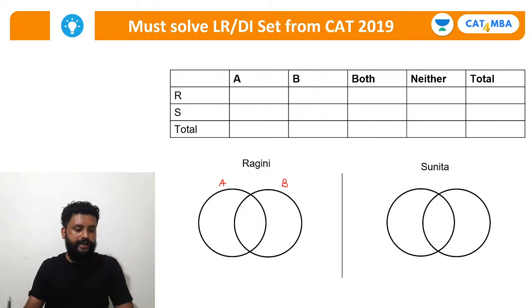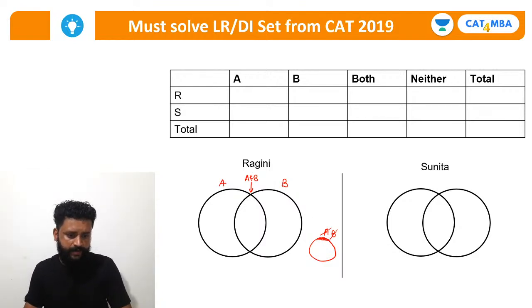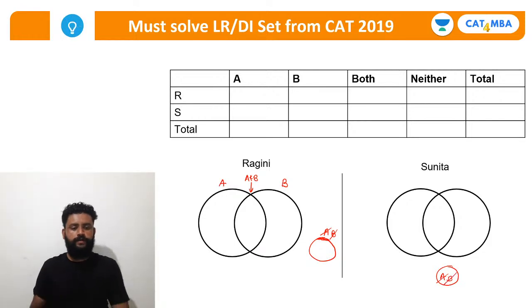At the same time, there is one more correction in this diagram, listen. So A and B, this part will show A and B. I will draw one more circle here which will represent neither A nor B, for those who prefer Ragini as president. Then I'll take one more circle here to represent neither A nor B who preferred Sunita.